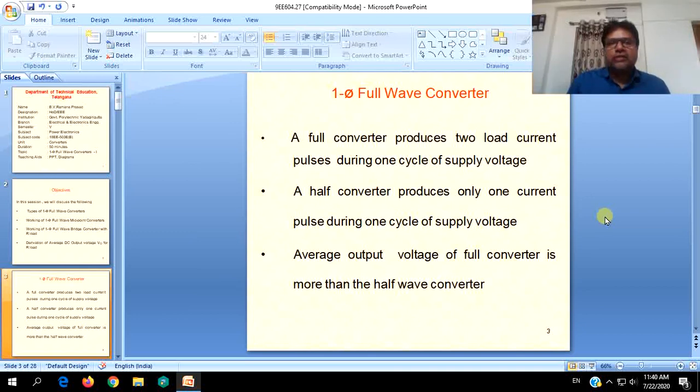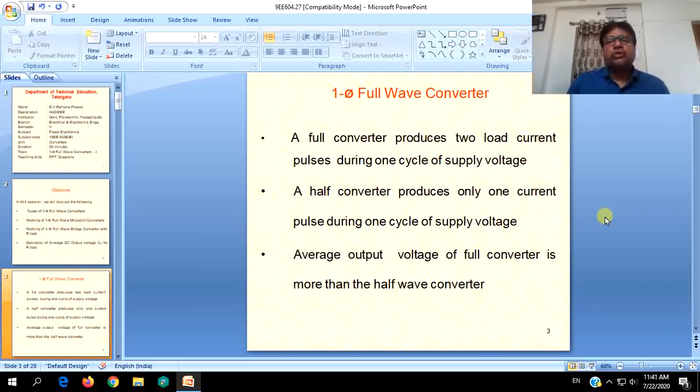In case of half wave rectification or half wave converters, only the positive half cycle was allowed to be given to the load, whereas the negative half cycle was totally blocked. So the load was getting only positive half cycles, and that too UDC, unidirectional current.